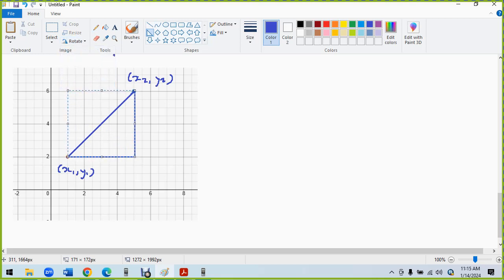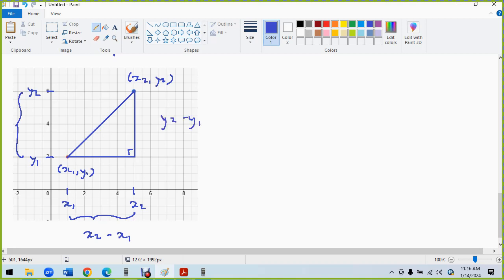To find the distance of these 2 points, the distance along the base is x2 minus x1, and the distance here is y2 minus y1.